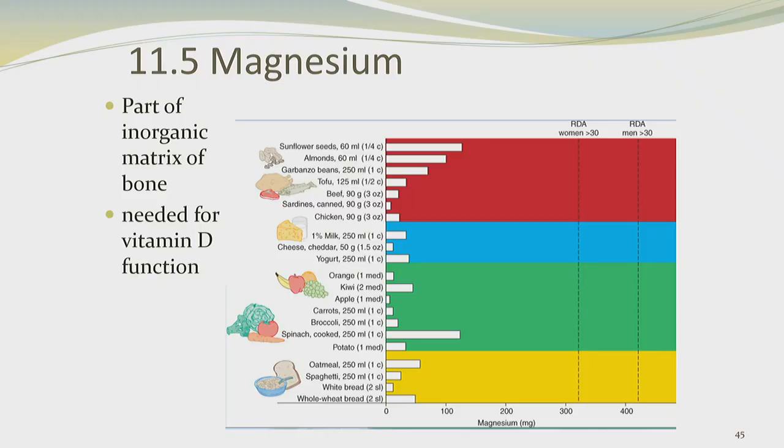Here you can see some of the food sources of magnesium shown on this slide, and you can see that they all tend to be plant-based products such as seeds and nuts, as well as fruits, vegetables, and whole grains. Okay. So this brings us to the end of the slideshow.